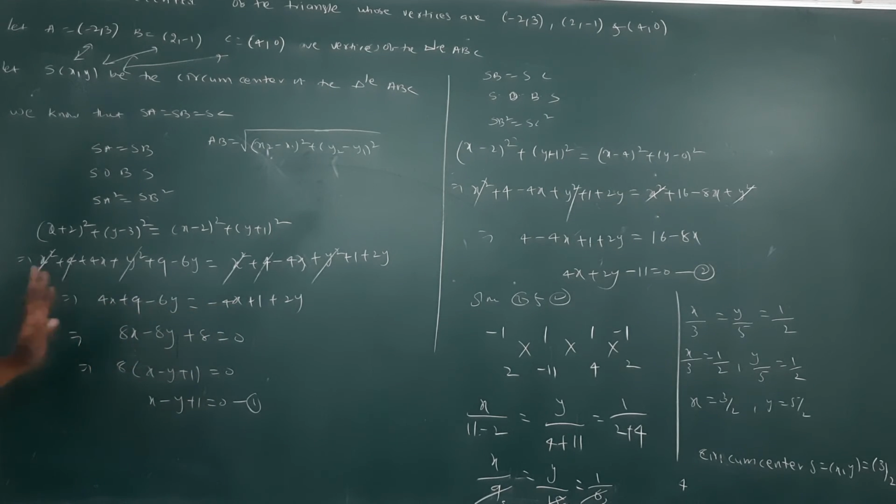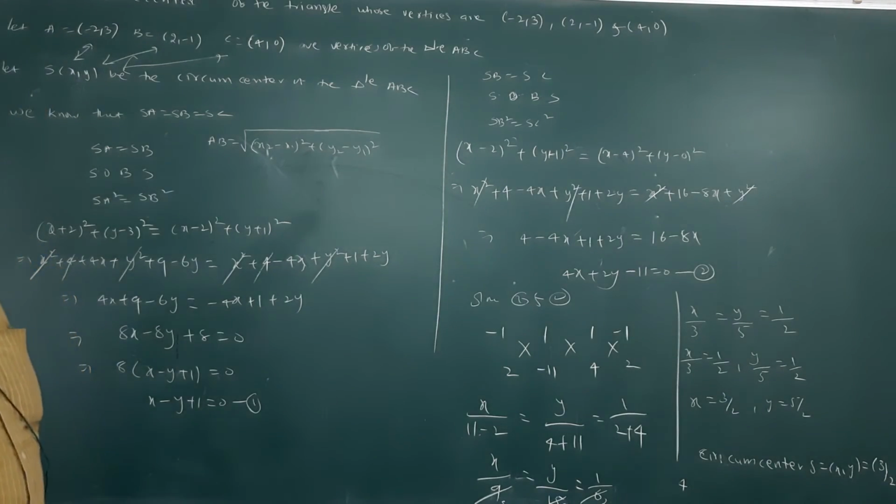Minus 4x goes to the left side as plus 4x, 4x plus 4x is 8x. Plus 2y goes to the left side as minus 2y, minus 6y minus 2y is minus 8y. 9 minus 1 is 8, equal to 0. 8 is common, so x minus y plus 1 is equal to 0.